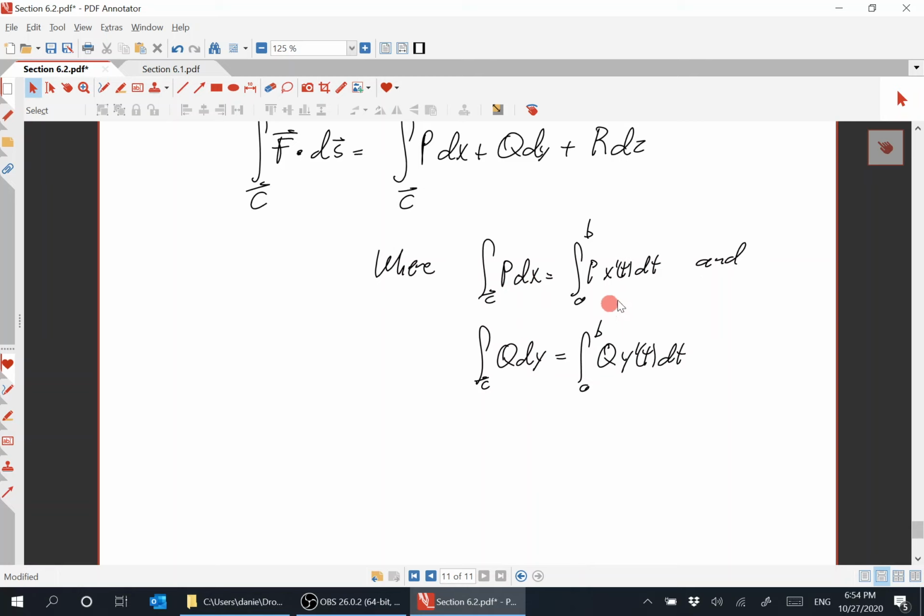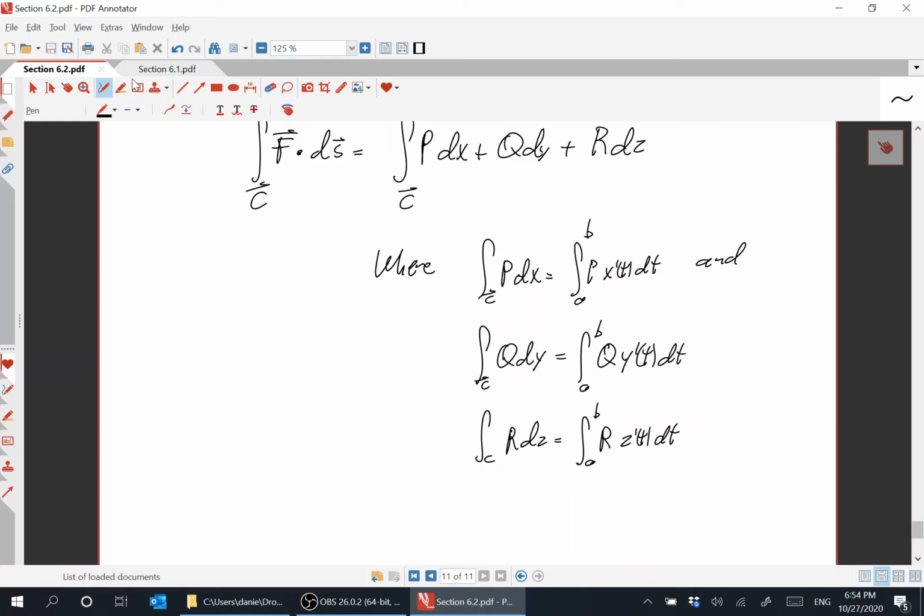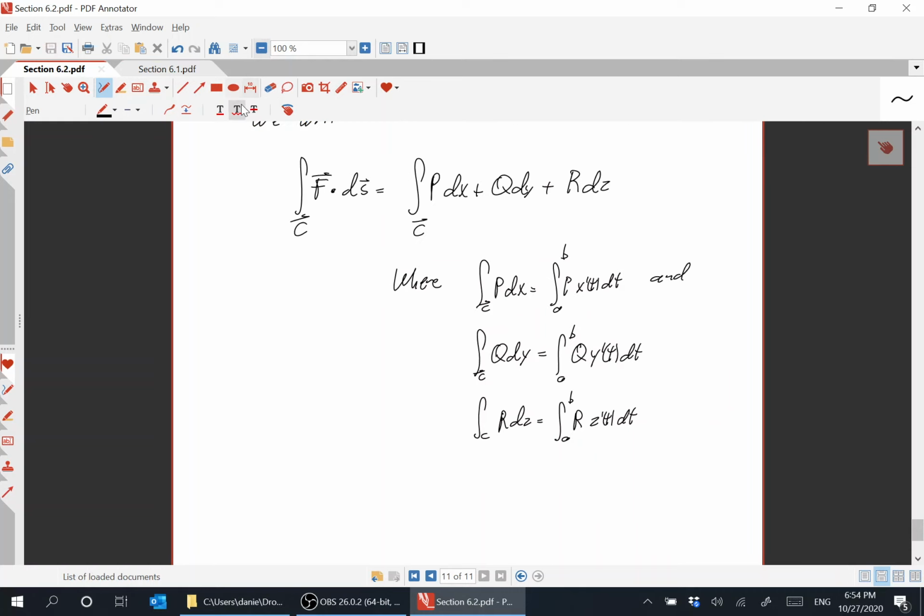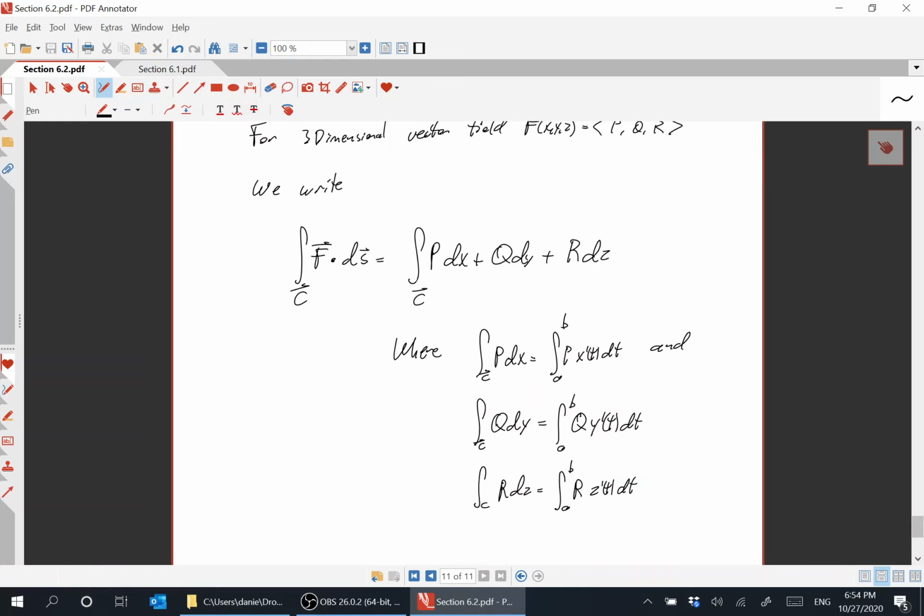p dx is that, q dy is this, and the integral over c of r dz is equal to the integral from a to b of r z prime of t dt. Okay, so that's an alternative notation, and it is meaningful sometimes to calculate those three line integrals separately.